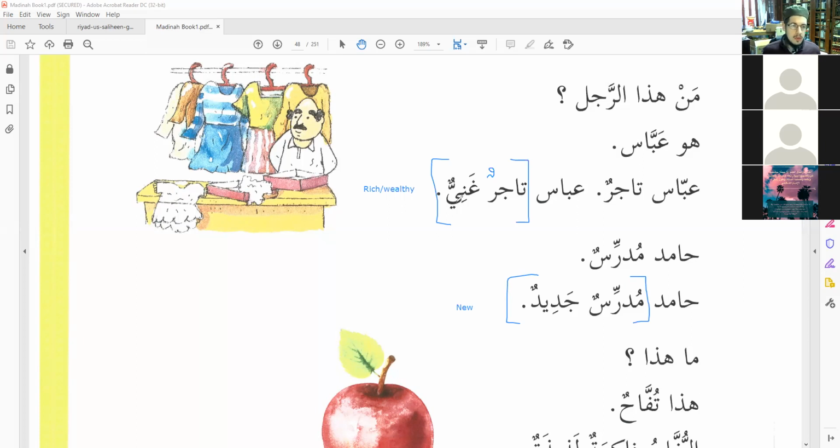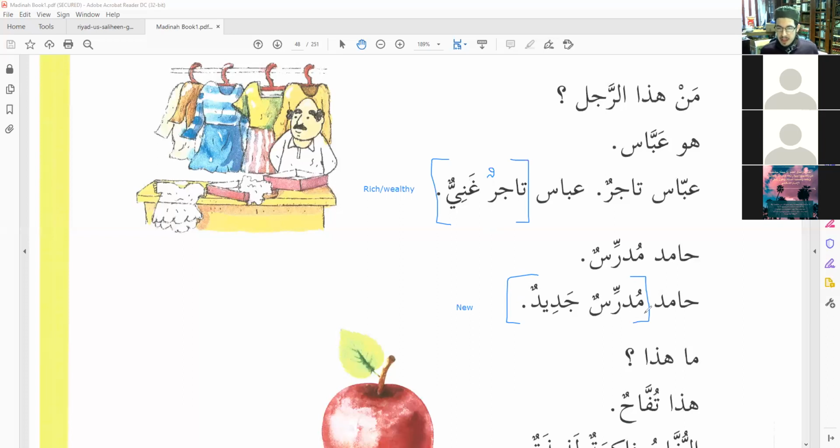Tajirun, ghaniyun, yes they do. Do they agree in number? Tajirun is singular, ghaniyun is singular, yes they do. Do they agree in case? Tajirun, according to Brother Tamim, and that was correct. Ghaniyun, both of them with a dhamma. And finally, this one has a tanween because it is nakira, it is indefinite, and so does ghani.